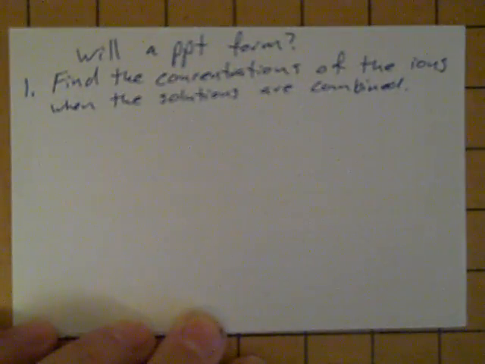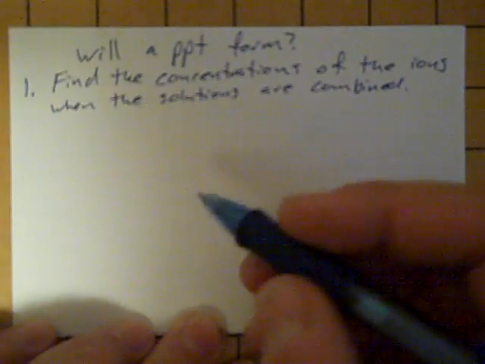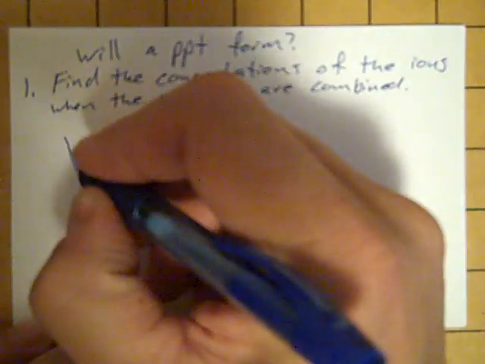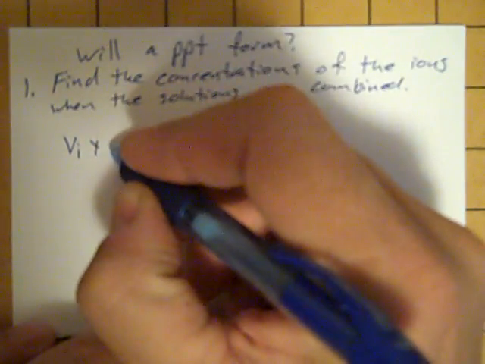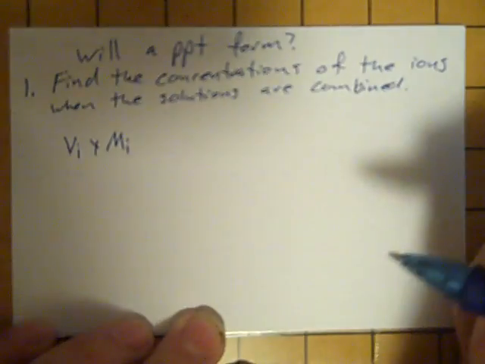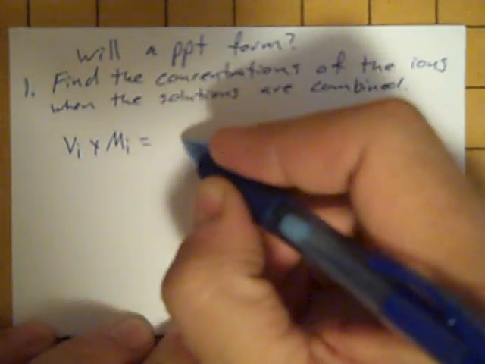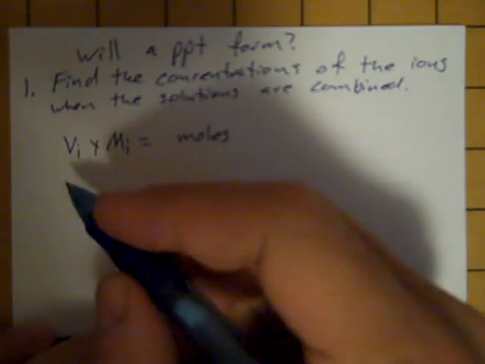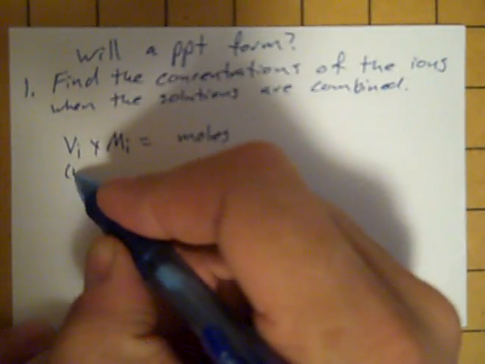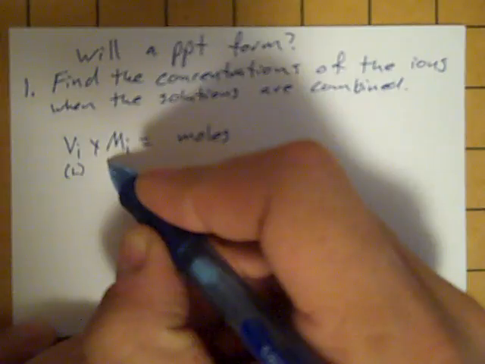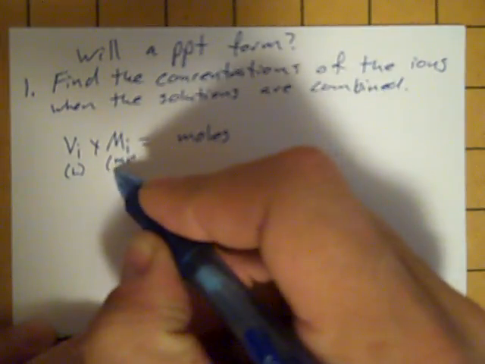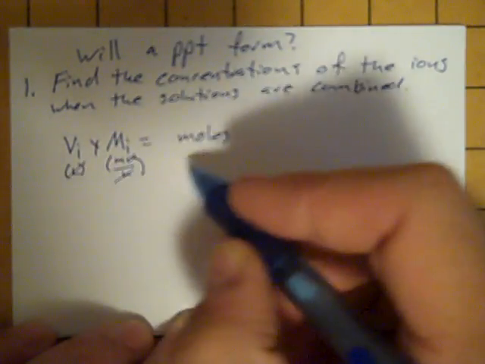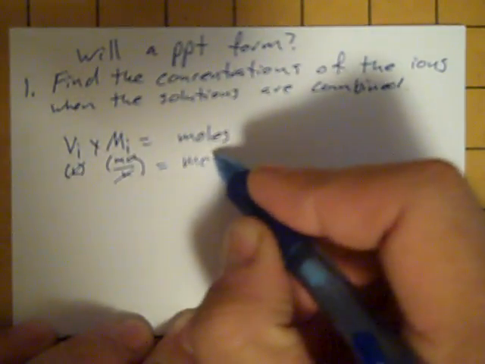So we have been doing these so far in two stages, where we would say something like that my initial volume times my initial concentration in molarity was going to equal moles. And this works because initial volume is in liters and initial molarity is in moles per liter, so the liters cancel and I end up with moles.